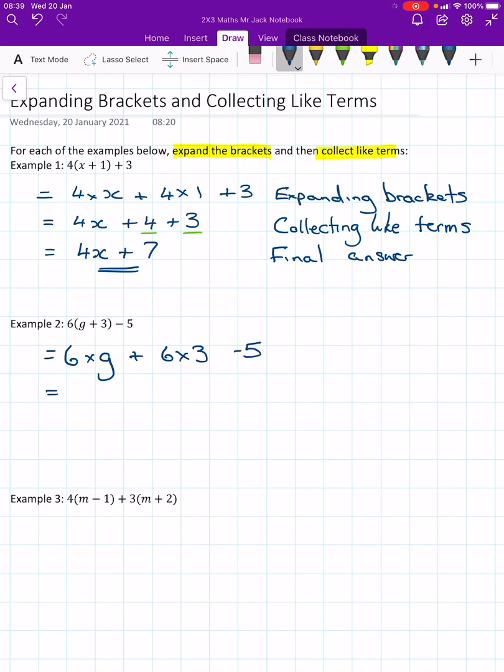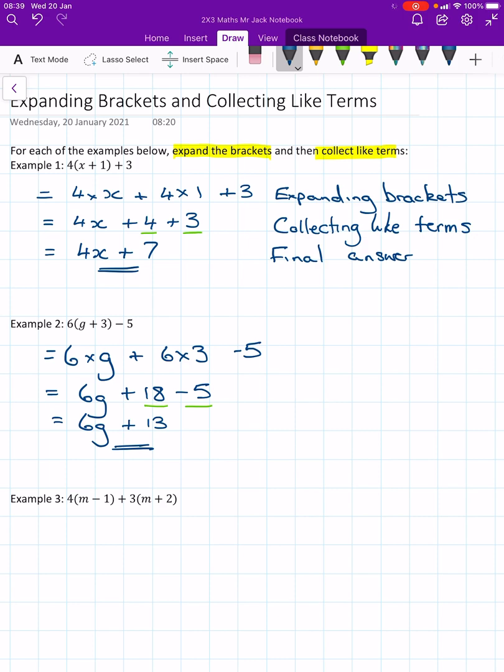So 6 times g we know is just 6g. 6 times 3 we know is 18, and we have a minus 5. Now, in terms of like terms, same again. I've got 18, and I have minus 5, don't I? So 18 minus 5, I think that's 13, and that there is our final answer to that example.